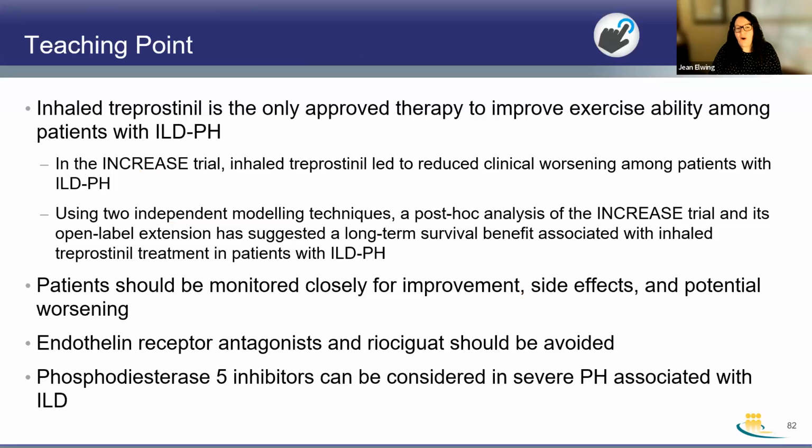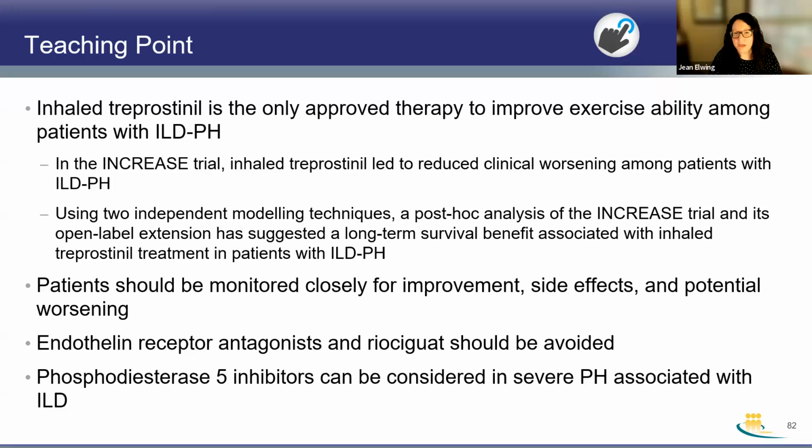So to put it all together for us, inhaled treprostinil is the only FDA-approved therapy currently for ILD-PH. The INCREASE study led to reduced clinical worsening amongst patients with this condition. We see that the INCREASE trial and its open label extension has suggested long-term benefit even in survival, but additional study is needed to better understand that.